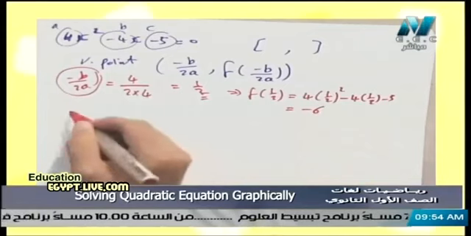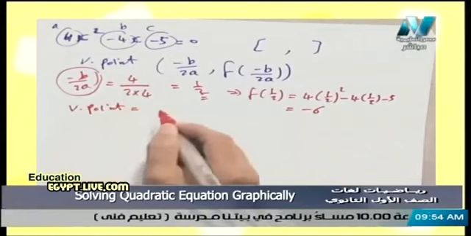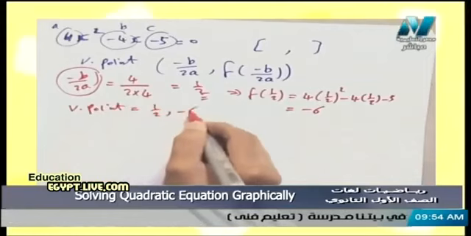So we have the vertex point of the curve: half and negative 6.